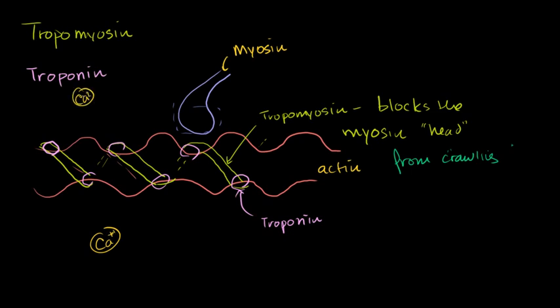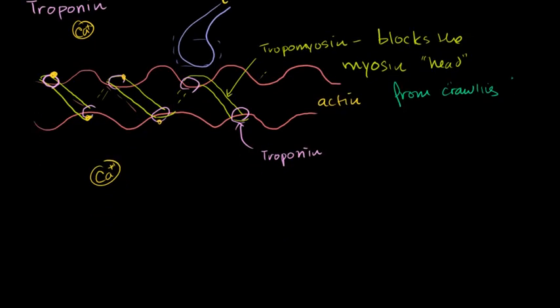So if you have a bunch of calcium ions, if you have a high enough concentration, these calcium ions are going to bond to the troponin, and then that changes the conformation of the troponin enough to move the configuration of the tropomyosin. So let me write this down.